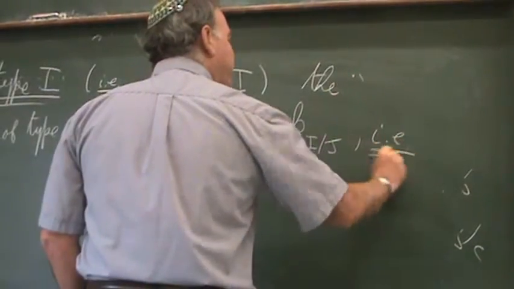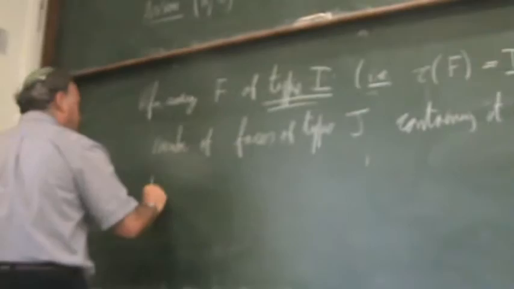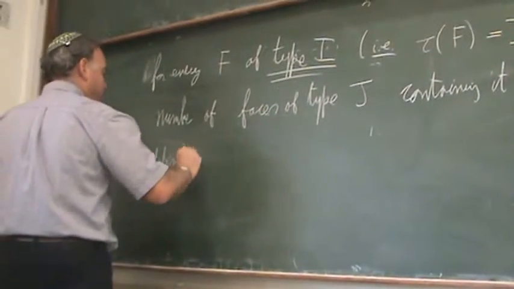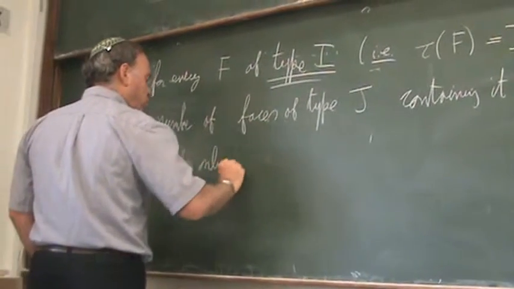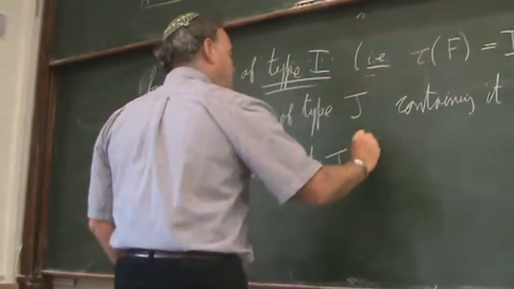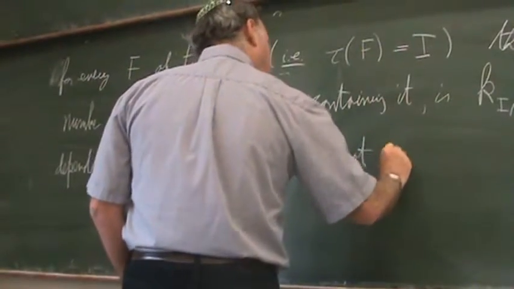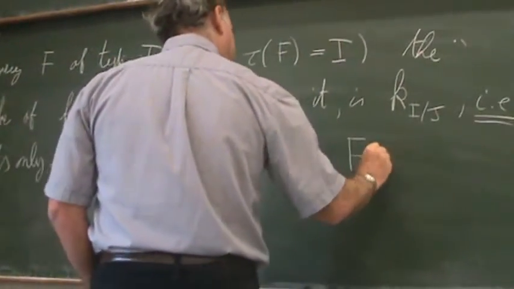It's not important for me what's the number, but I want to say that it depends only on I and J, but not on f.